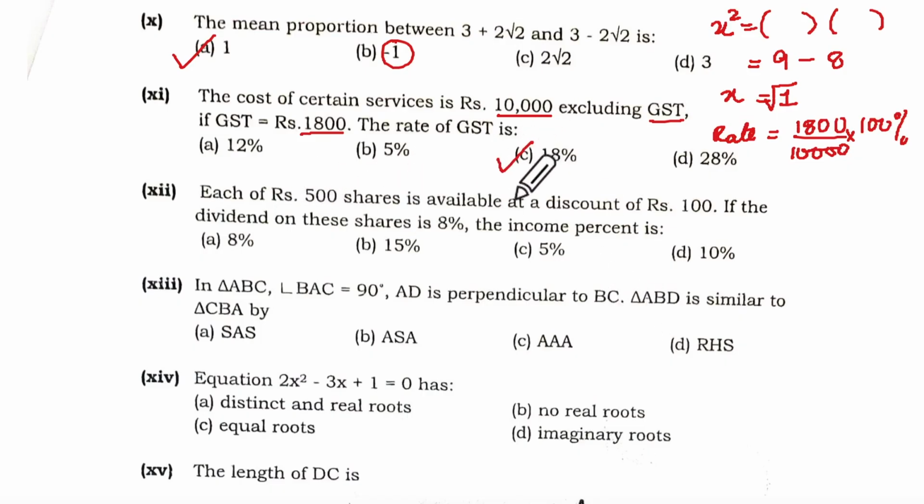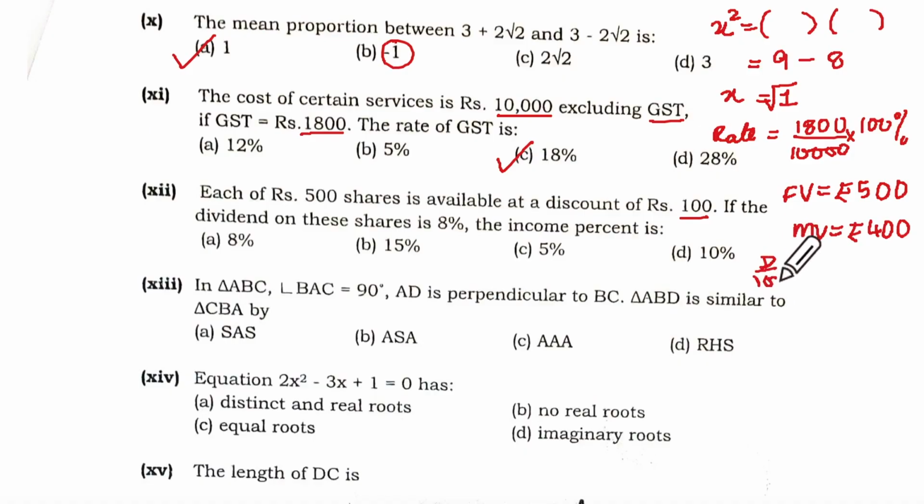Each of 500 shares are available at a discount of 10. So your FV is equal to rupees 500, sorry, 500, and discount is 100. So MV is 400. If the dividend on the shares is 8%, the income percent is, income percent means R percent, okay?